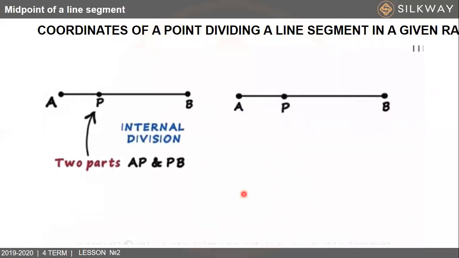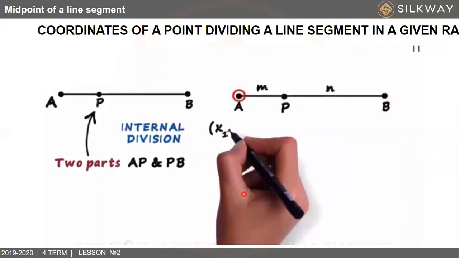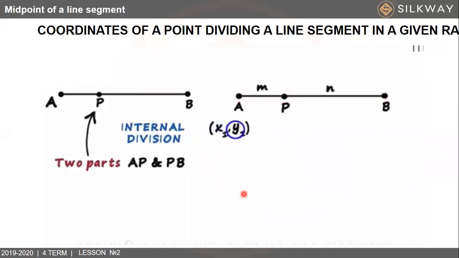Let's take AP as m, and PB as n, and the coordinates of A are (x1, y1), and the coordinates of B are (x2, y2).